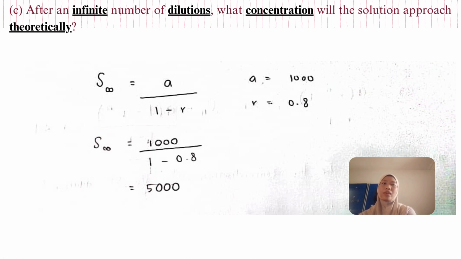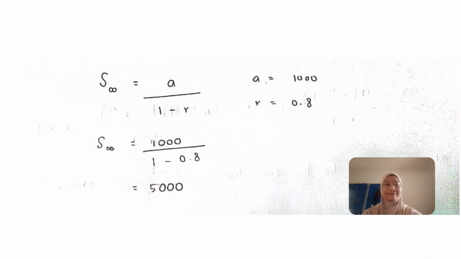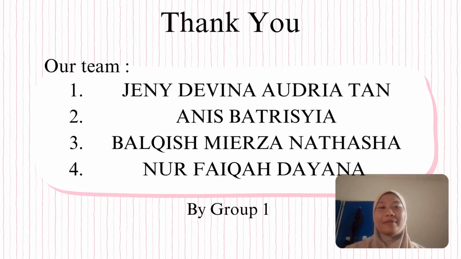So we insert the values that we know, like A equals 1000, r equals 0.8. So we got the answer, which is 5000. That will be all from us. Thank you for watching.